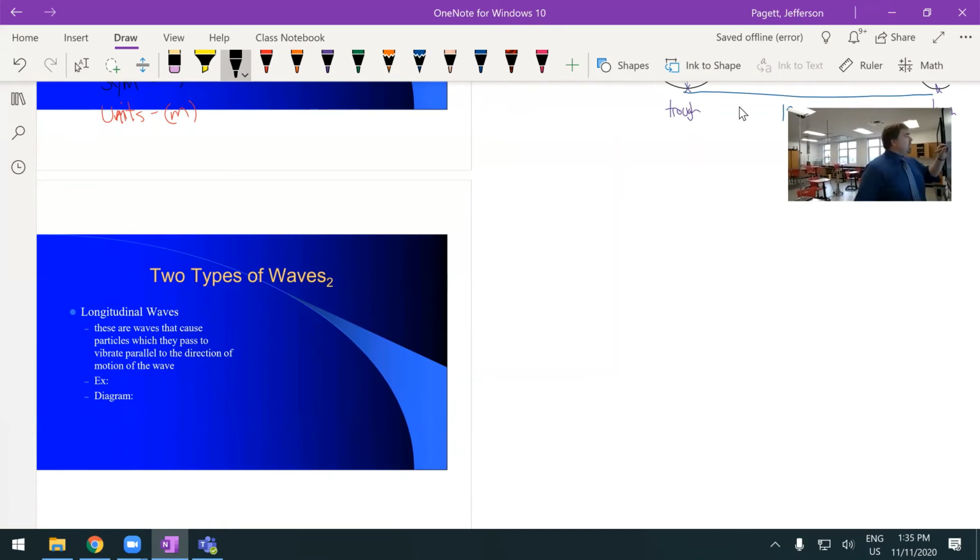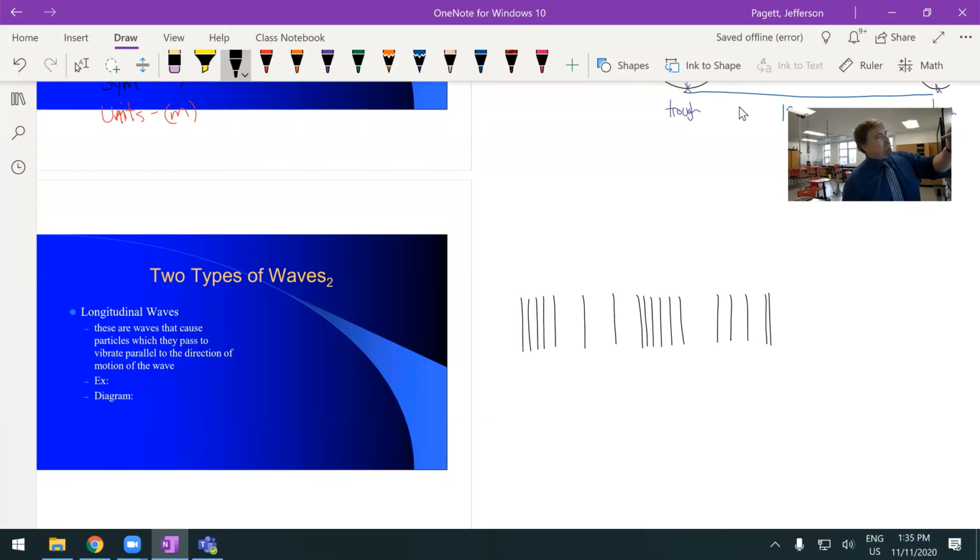But what's going to happen is you get a compression and an expansion, and a compression and an expansion, and then a compression and then an expansion. And so what ends up happening is your wave will still be traveling, in my case, from left to right. So there's my velocity of wave.